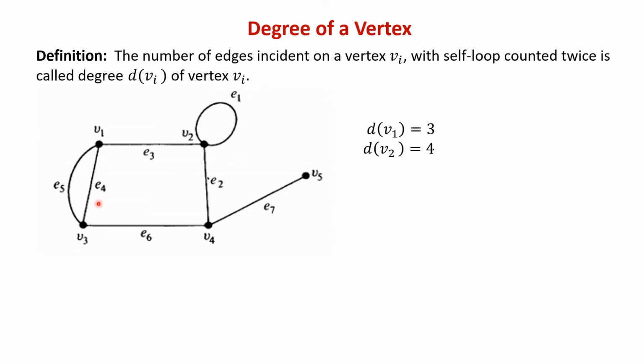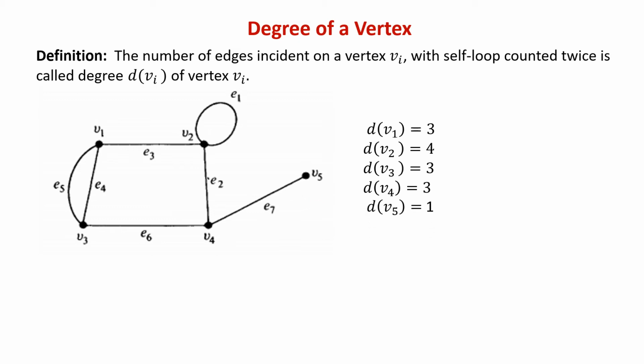There are 3 edges E4, E5, E6 incident on V3, so degree of V3 equals 3. Now consider V4. There are 3 edges E2, E6 and E7 incident on V4, so degree of V4 is also 3. Now consider the last vertex V5. There is only one edge E7 incident on it, so degree of V5 is 1.